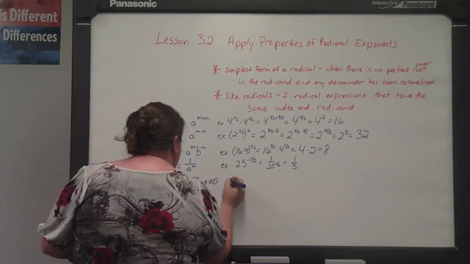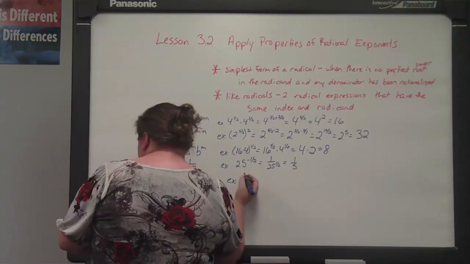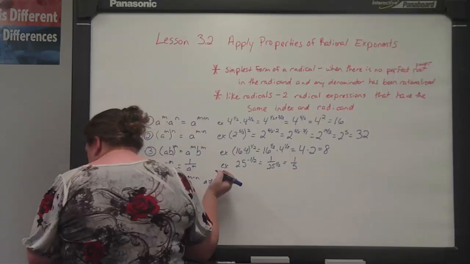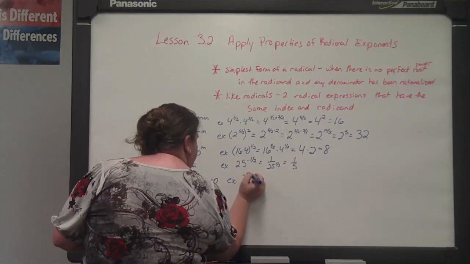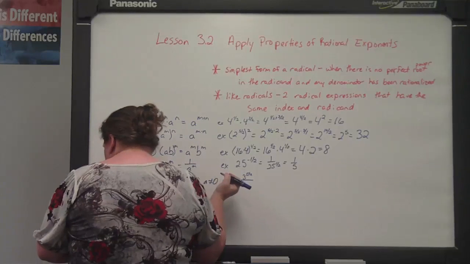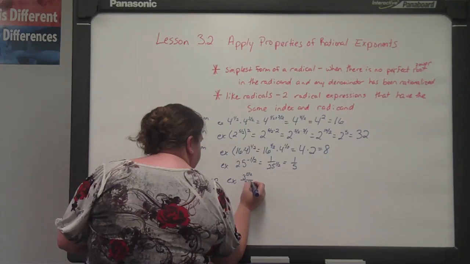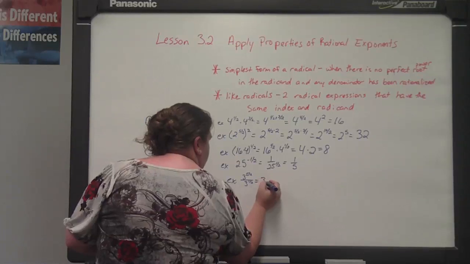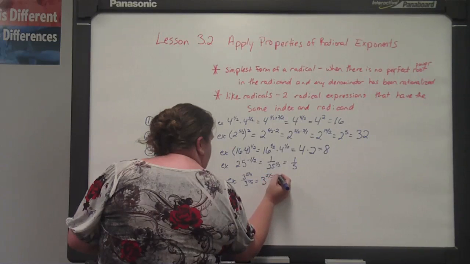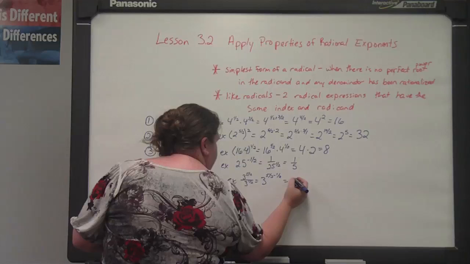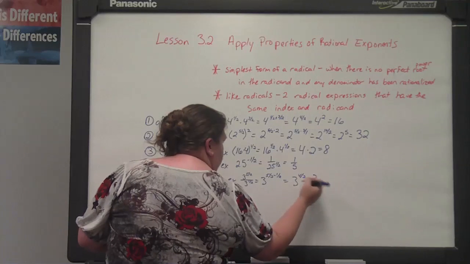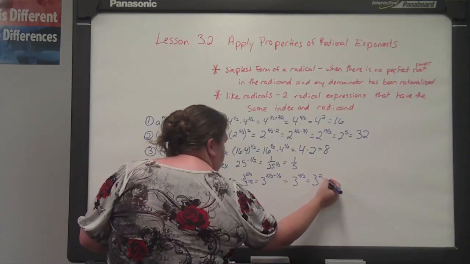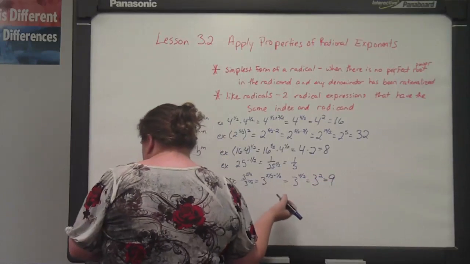So my example is 3 to the 5/2 over 3 to the 1/2 equals 3 to the 5/2 minus 1/2, which gives me 3 to the 4/2, which again is 3 to the 2nd, since 4 divided by 2 is 2, which gives me 9.